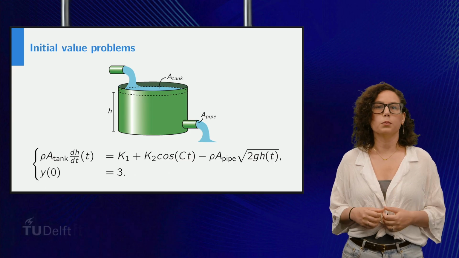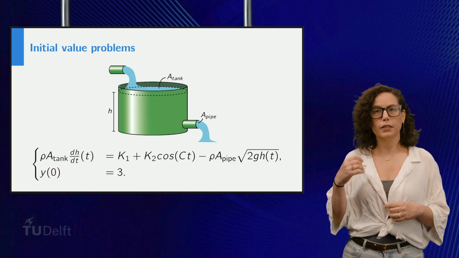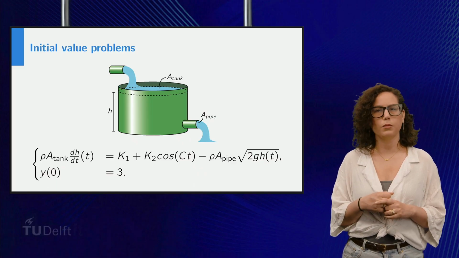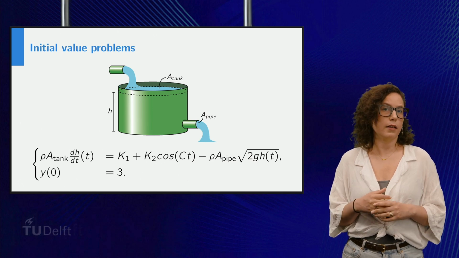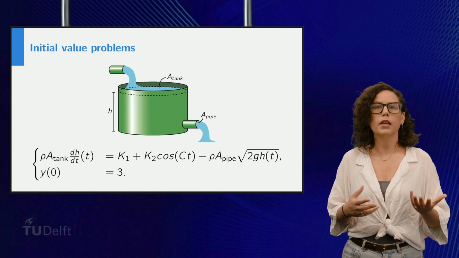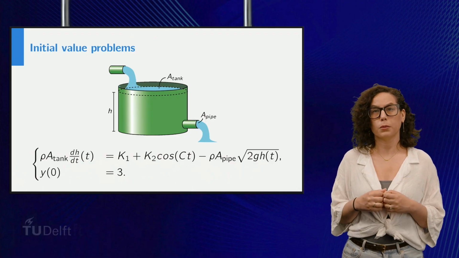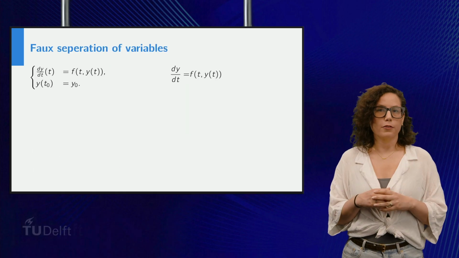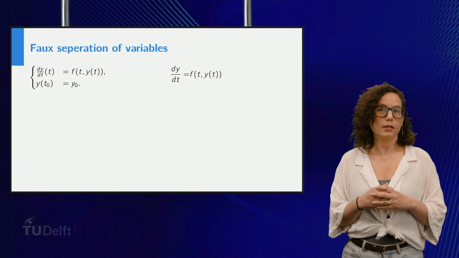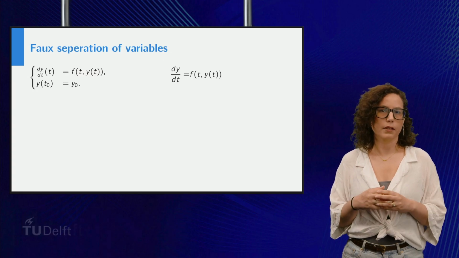What you can do is approximate the value of y for a given time. Let's call this time t1. To find this approximation of y at time t1, we introduce a faux separation of variables method. Starting from the differential equation, we multiply both sides of the equation with dt and integrate.